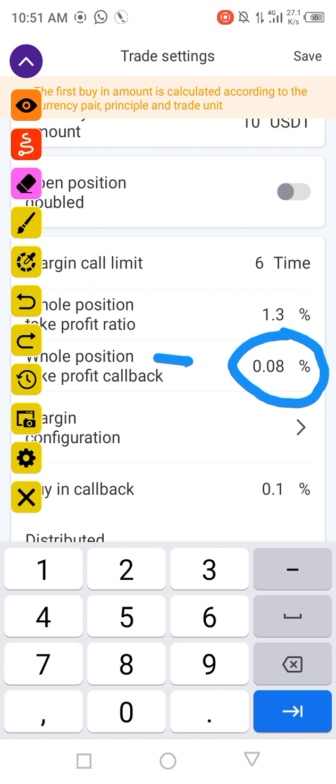Hold position, take profit, callback. Once the coin is increasing and is in the downward mode, once 0.08, depending on what you put here, you can put 0.1.